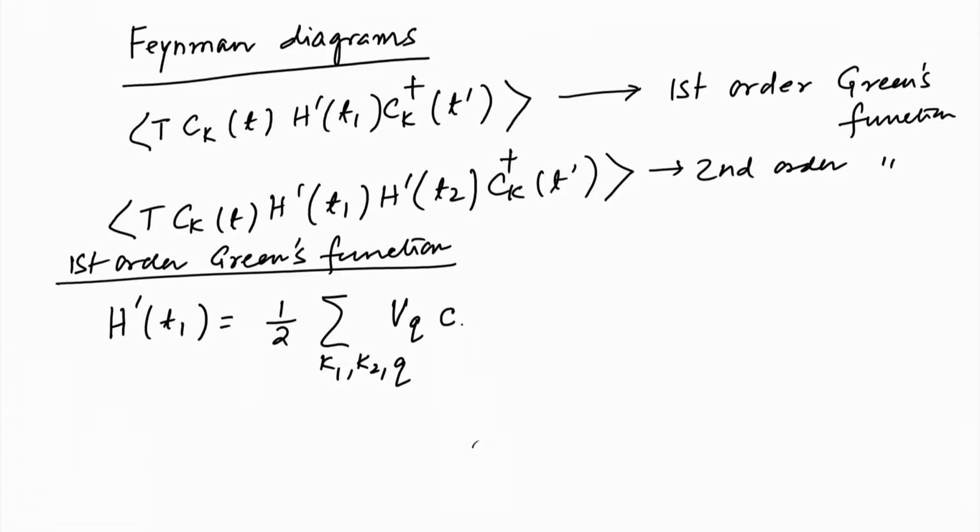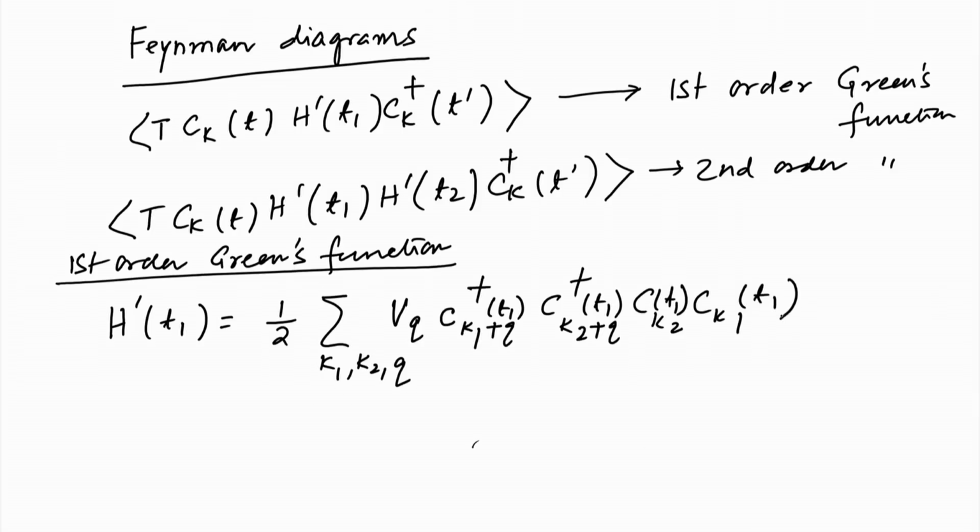So, these are C K1 plus Q dagger, C K2 minus Q dagger, C K2 and C K1. All the creation and annihilation operators are at time T1 as written here. The half factor is included to avoid double counting, and VQ is the strength of the interaction term, which can have some dependence on Q, as we shall see.